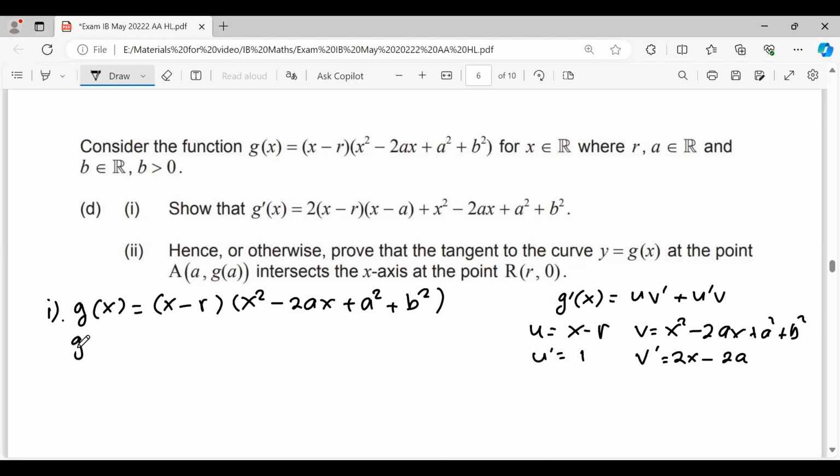And then the derivative with respect to x will be u times the derivative of phi: (x minus r) times (2x minus 2a), plus 1 times x squared minus 2ax plus a squared plus b squared.